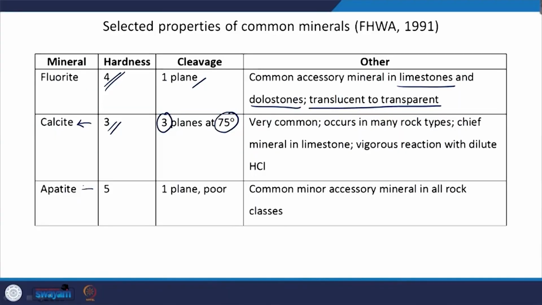Next is apatite, having hardness of 5, it is having one plane. Then a common accessory mineral in all the rock classes, that is igneous, sedimentary and metamorphic.